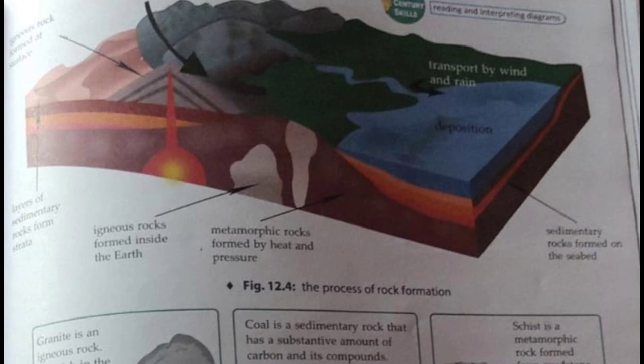Metamorphic rocks are formed due to the change in the form of sedimentary and igneous rock. Sometimes even previously formed metamorphic rocks are again metamorphosed due to great heat and pressure. Slate and marble are examples of metamorphic rocks.